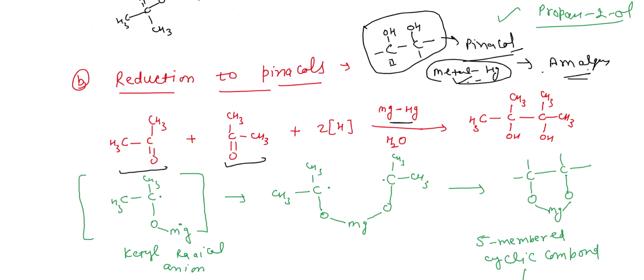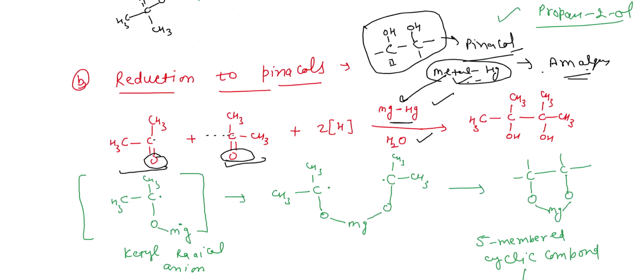Here the metal used is magnesium, that's why it is called magnesium amalgam. In the last step we also use water. Then you will get the product as pinacol. There is formation of a bond between these two carbons, and this oxygen gets reduced to form OH.